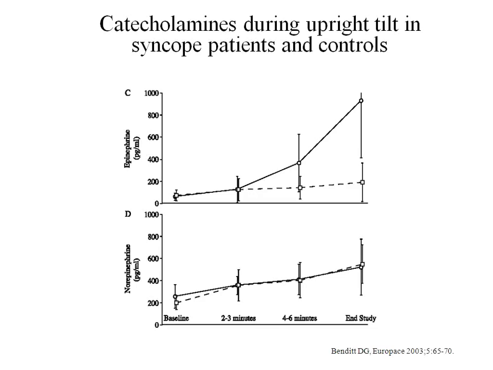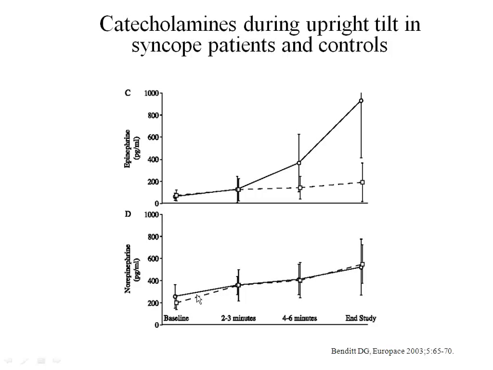David Bendit has produced a number of papers, and others have confirmed these findings, showing the catecholamine response to upright tilt in people with recurrent syncope. Now, these were not people with CFS, but we assume that something similar is happening. He looked at epinephrine in the top panel, norepinephrine in the bottom panel. The healthy individuals were the ones with the dashed lines.